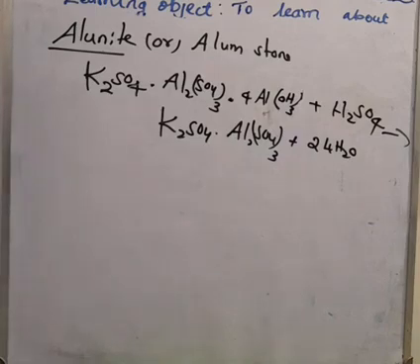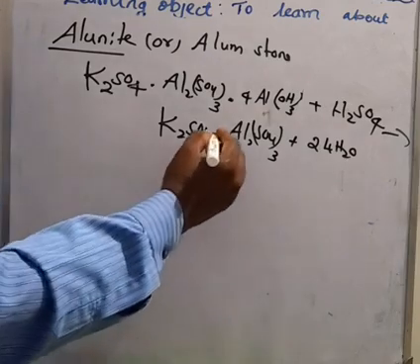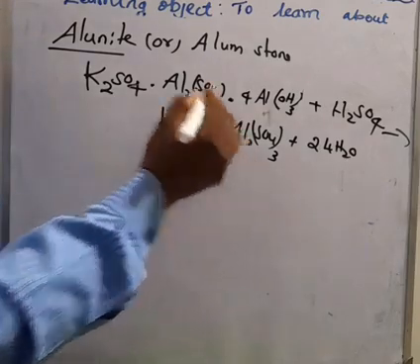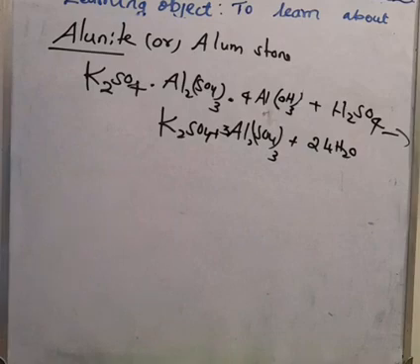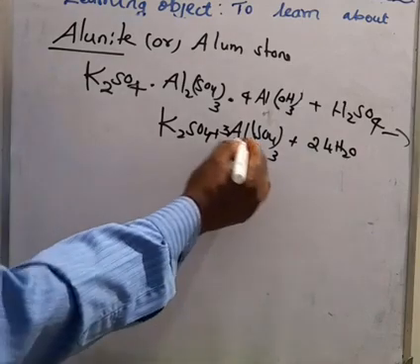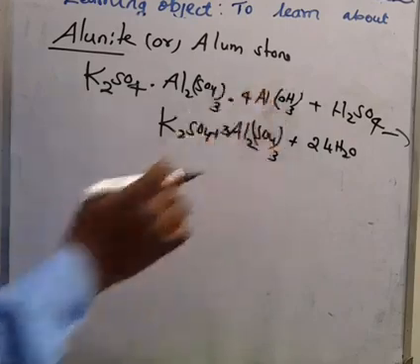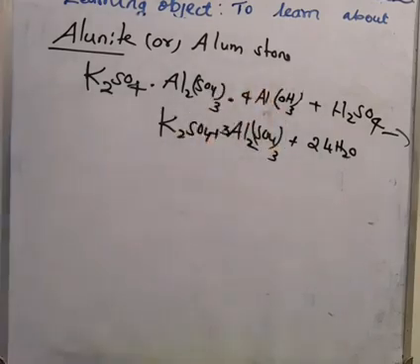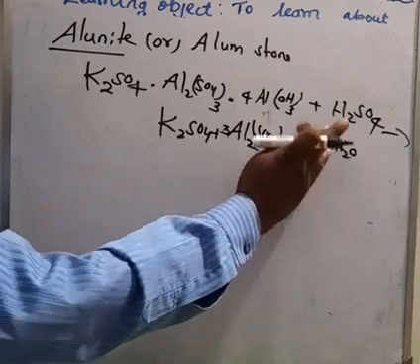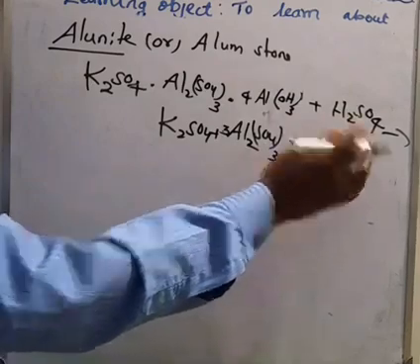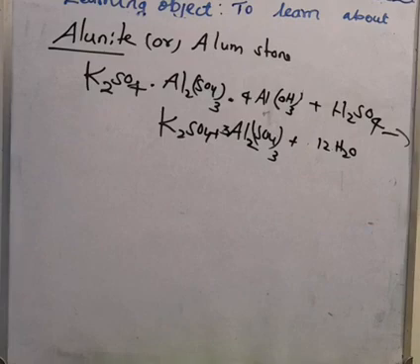On the reactant side, there are 2 aluminium plus 4 aluminium, total 6 aluminium. If you add 3, the equation is balanced. Hydrogen is also 12, since 4 times 3 is 12, so we can easily write 12 water molecules. Am I right? Next.